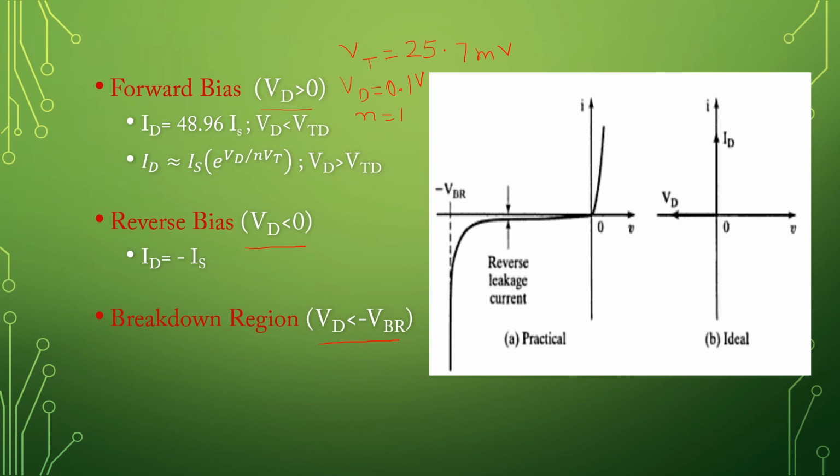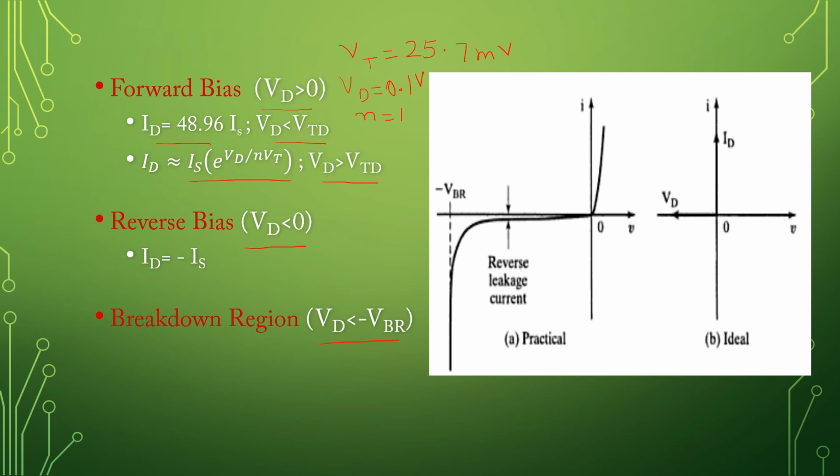In that case, on substituting into the diode Shockley equation, we get 48.96 Is if Vd is less than 0.7, which is the threshold. If it is greater than the threshold value, then the current increases exponentially. So your current will be very small initially. Once it becomes greater than the threshold, the diode current is going to increase.